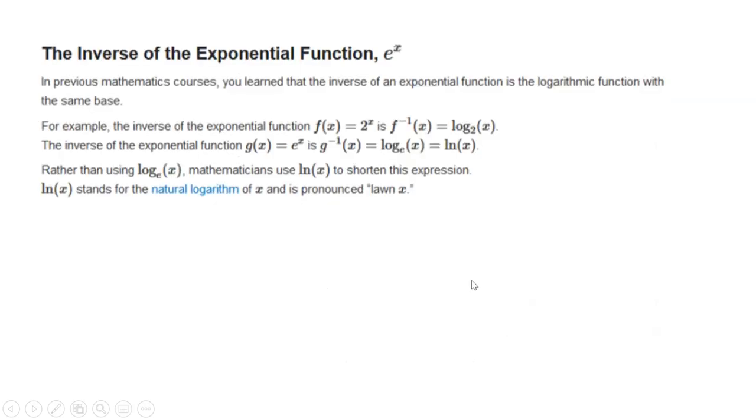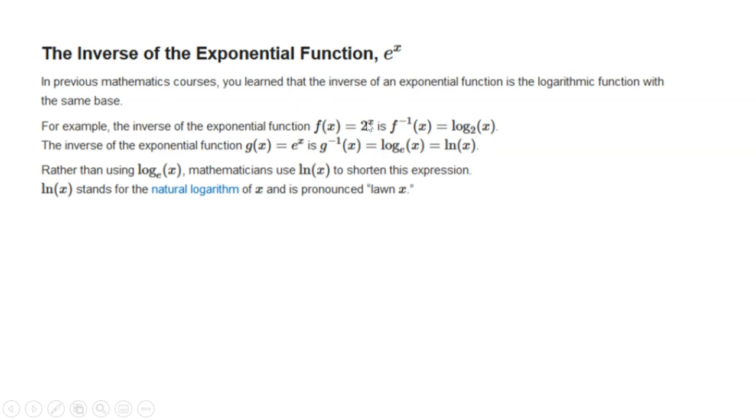Okay? All right. Let's review a few things from advanced functions that you're supposed to know. The inverse of the exponential function, right? Remember, an exponential function is like this. What makes a function exponential is the fact that the variable is the exponent. So you learned about exponential functions that had bases like 2, for instance.